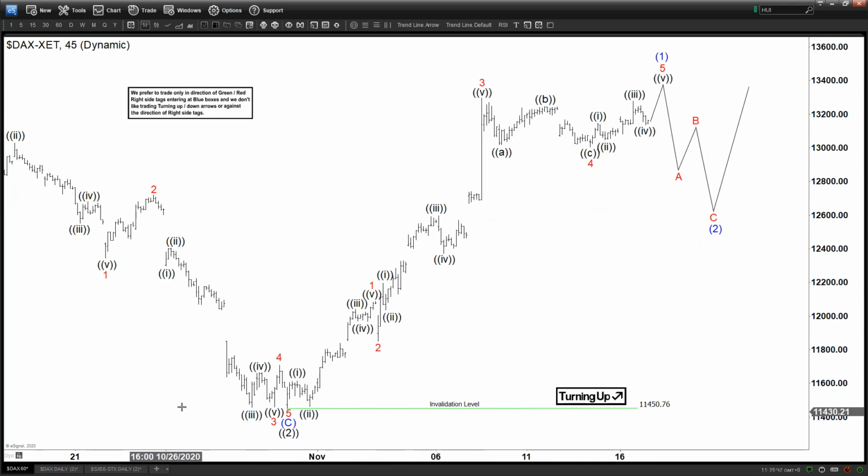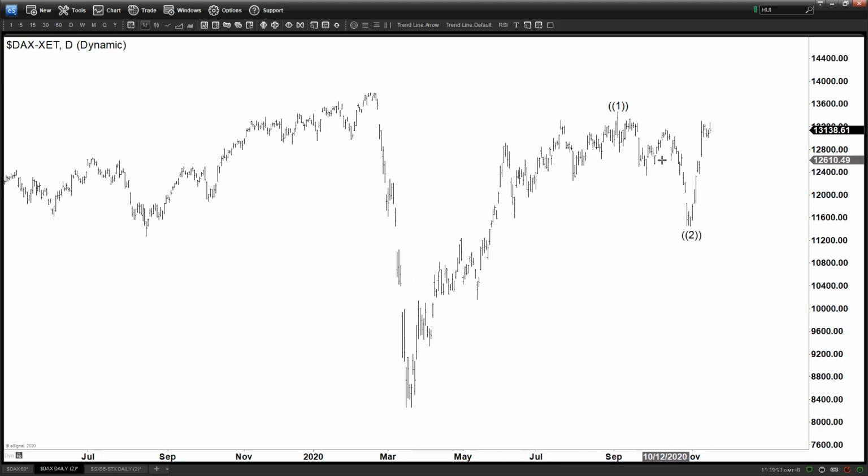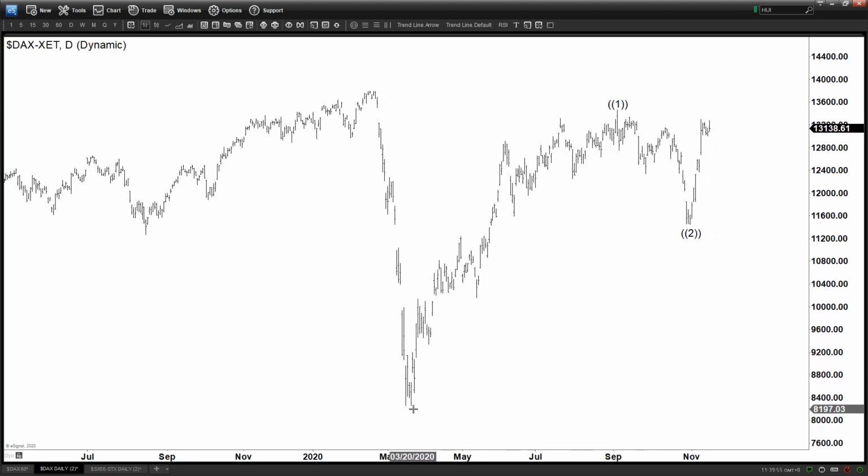Now I'm putting here this wave 2 in black in this daily chart so that it is obvious what we are looking at. So if this is wave 2, then this means this is wave 1, right? And so we are talking about the rally that started in March. This is when every indices formed a low during that COVID-19 news sell-off.